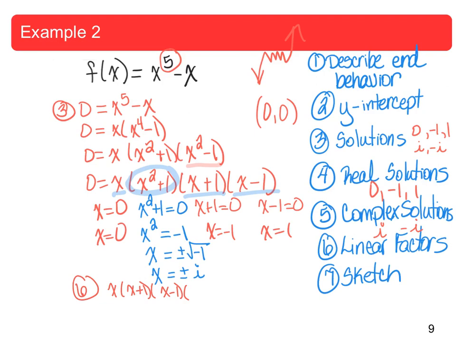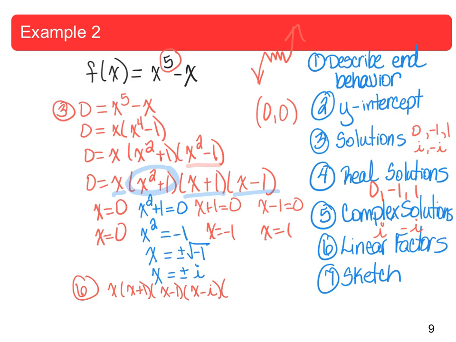Now, linear means my x has to be raised to the first power. So if I have i as a solution, what is the linear factor associated with i? Excellent, x minus i.